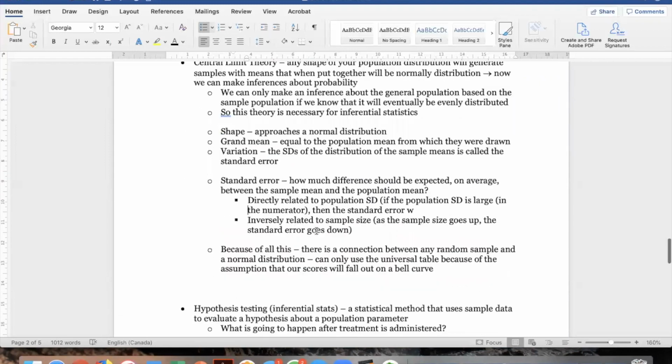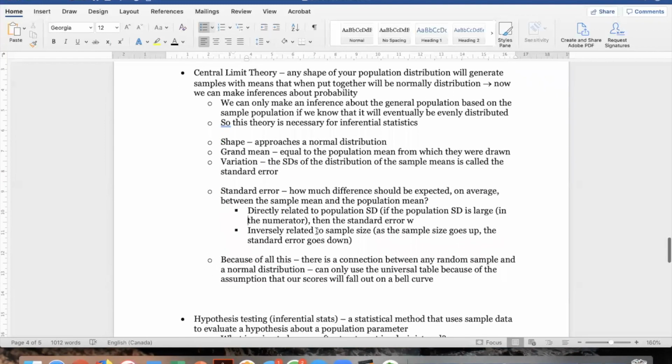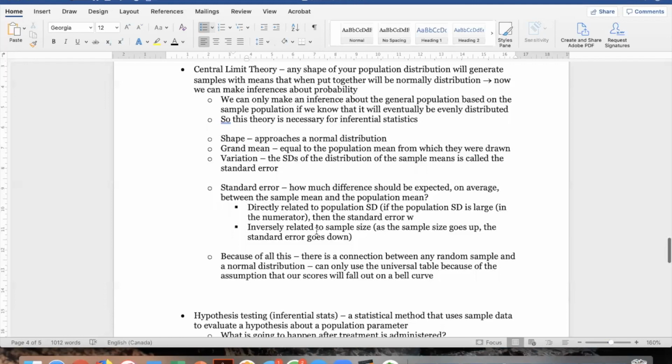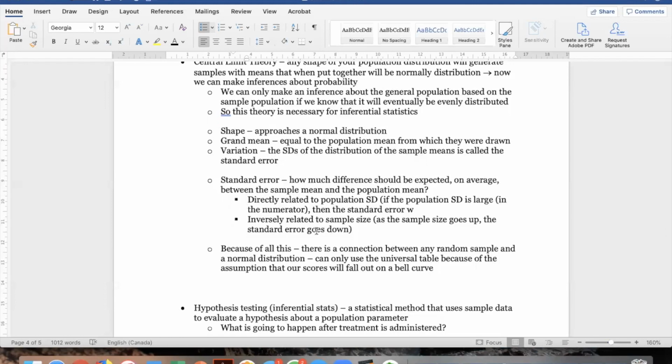What is the expected difference? So this tells you what the standard error is measuring: how close your group, your sample, is to the population that you're trying to measure.